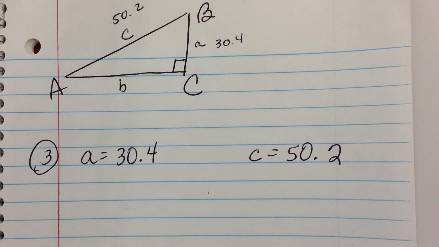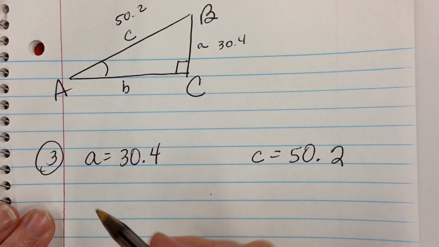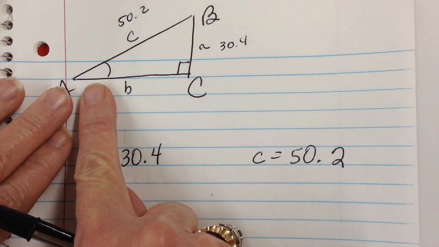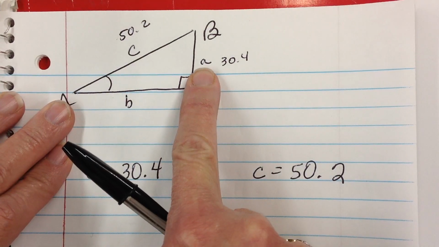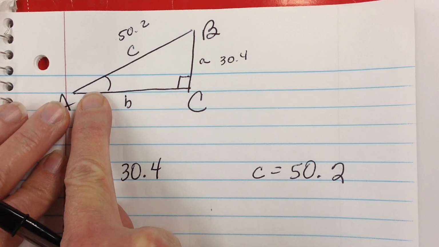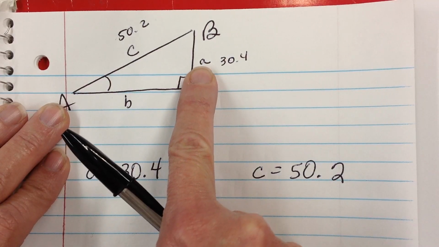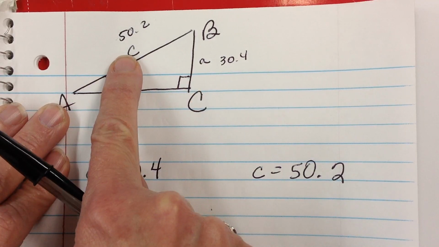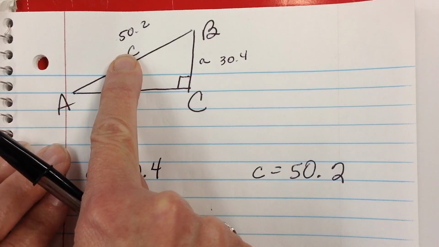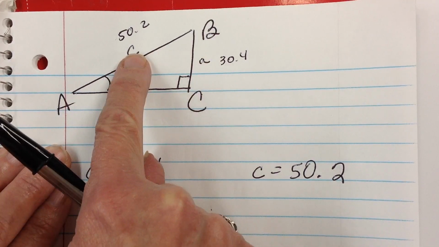Now, I can choose to find either angle A or angle B. If I choose to find angle A first, what trig function involves side A and side C? Angle A has an opposite side, A, and the hypotenuse is C. As far as their relationship to angle A, it's opposite and the hypotenuse.